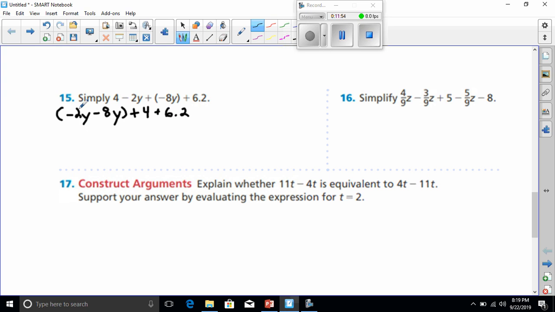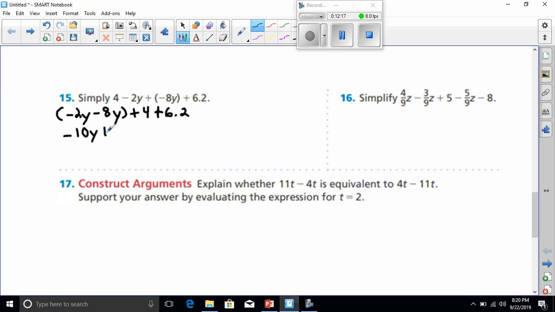Now I'm ready to combine my terms. Well, remember, if my signs are the same, I add them and keep the sign that's in front. Since they're both negative, I know my answer will be negative. And 2 plus 8 is 10, so this is 10y. Over here, we got 4 plus 6.2. Again, if my signs are the same, I'm going to add my numbers and keep the sign.